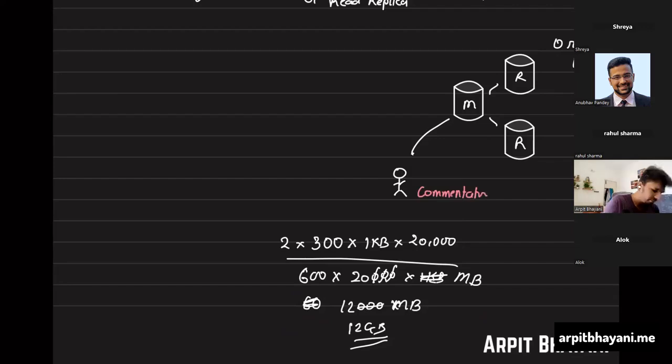Why not add a cache? Okay, let's talk about it. Where would you add a cache? Now, let's say I draw our regular users like you and me reading that commentary. What we would be interacting with is a bunch of API servers. And these API servers up until now were directly talking to the database.